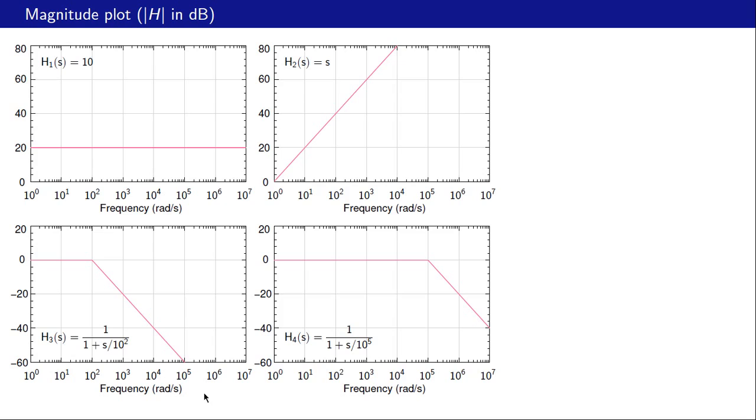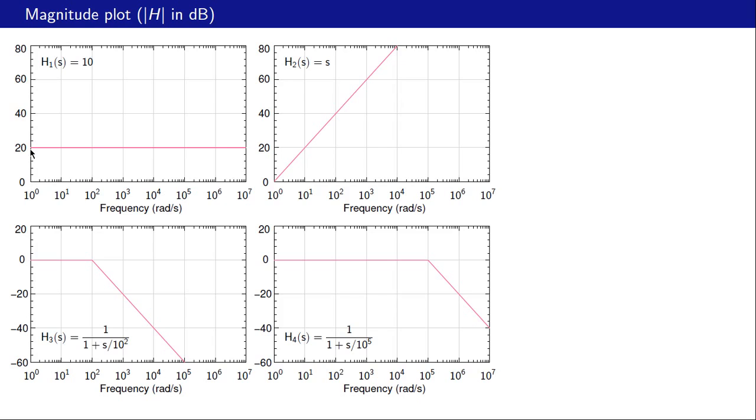And now we have all the components of H, which, if you remember, is H1 times H2 times H3 times H4. Now we can add all of these plots to get our net magnitude versus frequency Bode plot. Where do we begin? Let's begin at 10 raised to 0, that is omega equal to 1 radian per second, and see what the various values are.